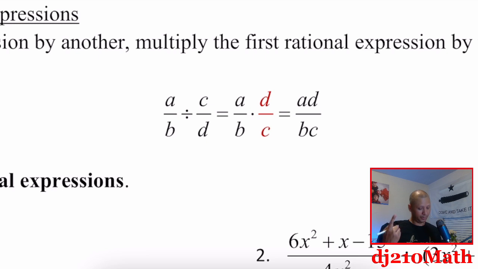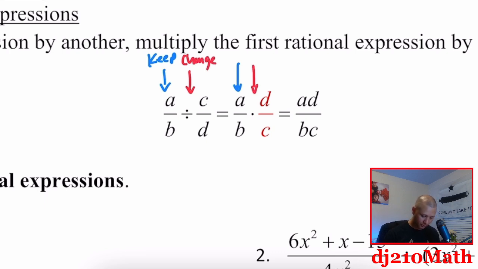However, the acronym we use is keep, change, flip, right? You keep the first one. You change the symbol from division to multiplication, and then you flip the second one.